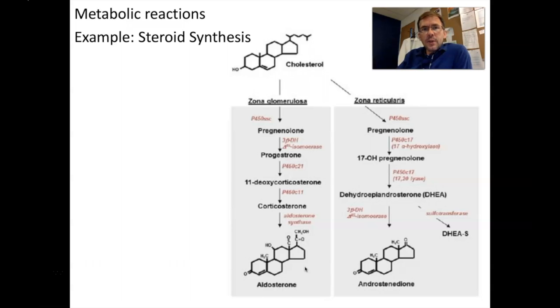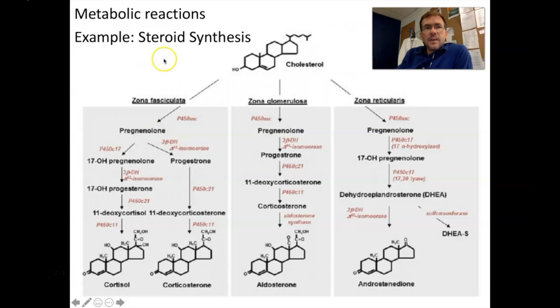Okay, so let's look at a third example here, the zona fasciculata. This is the cortical, most outside or superficial region of the adrenal gland, and it contains different cells with different enzymes. Because you have these different enzymes, they're taking molecules and modifying them differently until you get to cortisol and corticosterone.